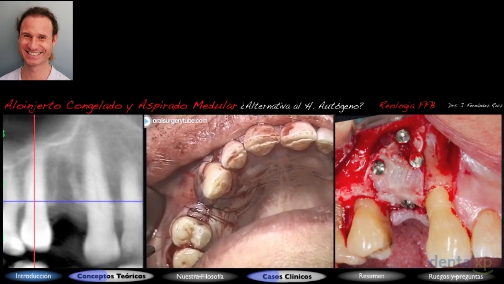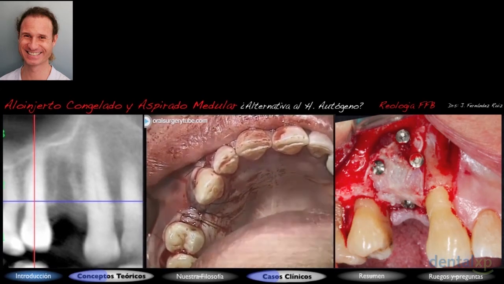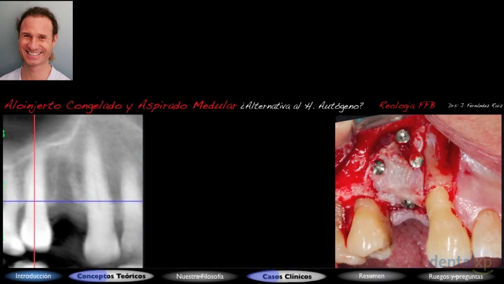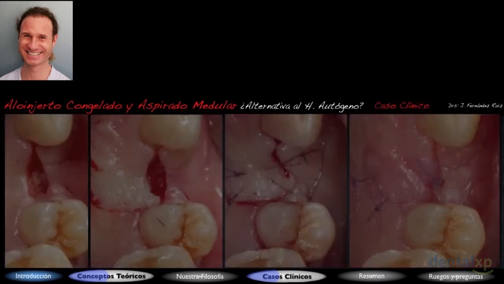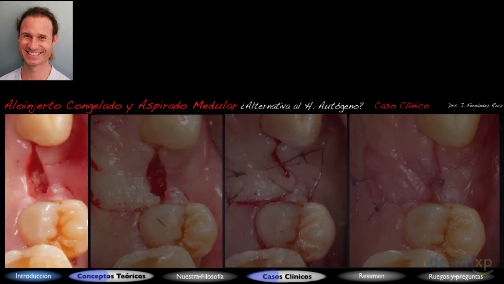On top of these, we will use some cortical bone graft, transformed into small components, so that we can have a complete layer of bone covering the regeneration area.